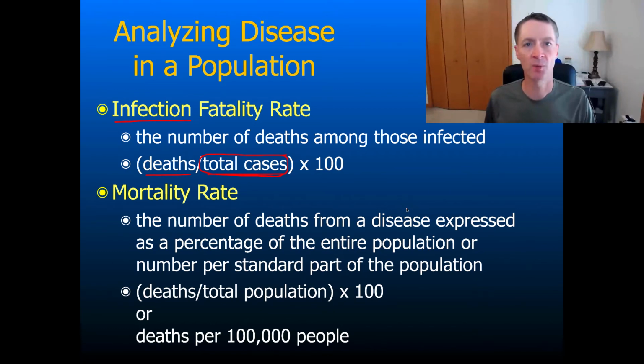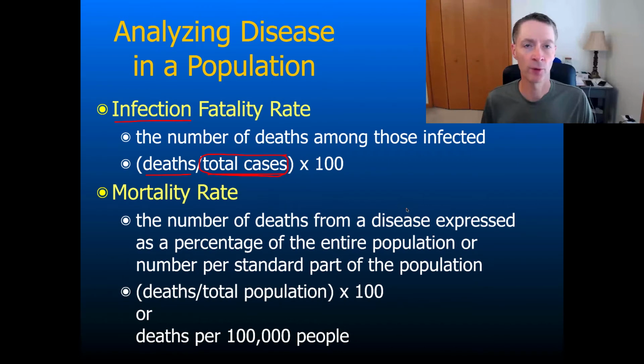So give you an example. In the time that we've been worried about coronavirus within the last few months, the infection fatality rate has gone up. We have seen up till April 3.2% infection fatality rate.